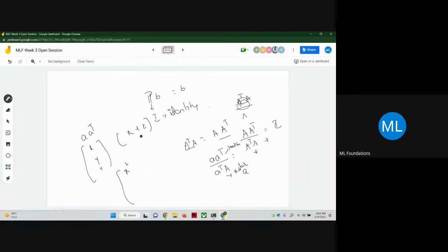You get x square, xy, xz, xy again, y square, yz, then zx, zy, and z square. These two are the same, these two are the same. So basically it is a symmetric matrix, right?